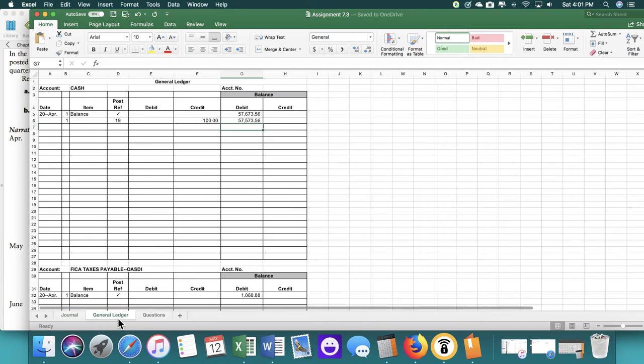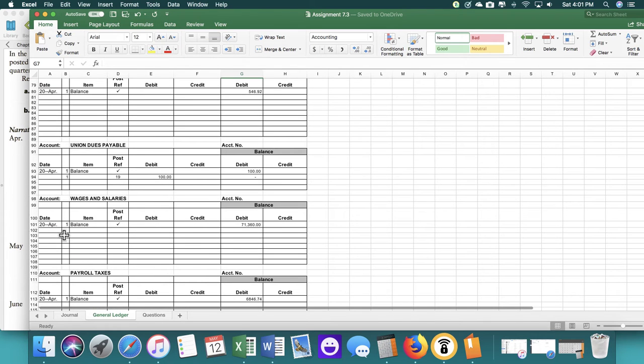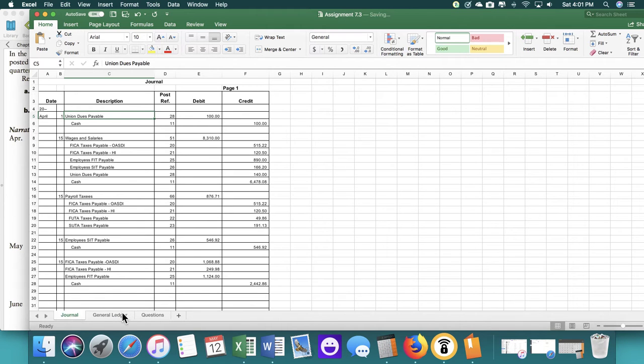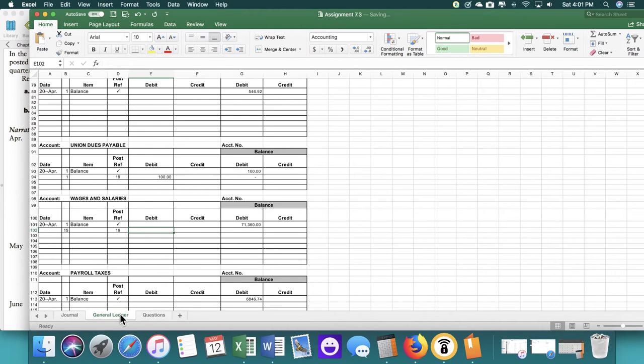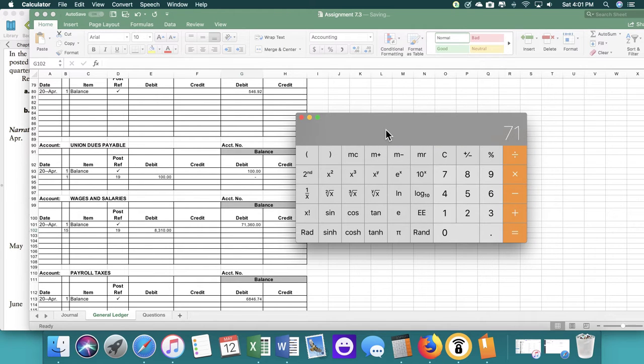So wages and salaries on the 15th, April 15th, the 19th, and it is 8310. And then you would do the math for that. So you'd have 71,360 plus 8310, 79,670.